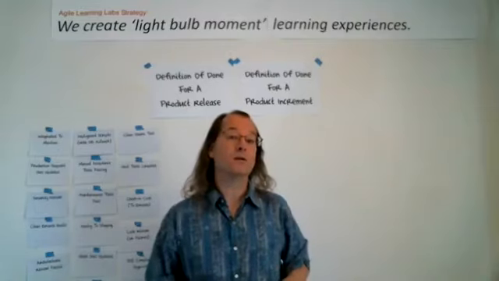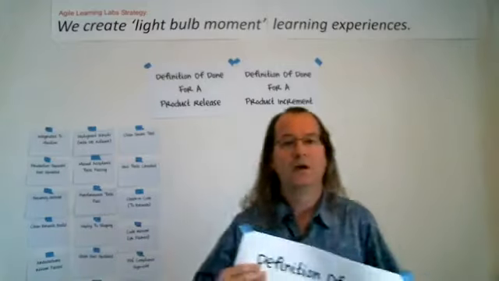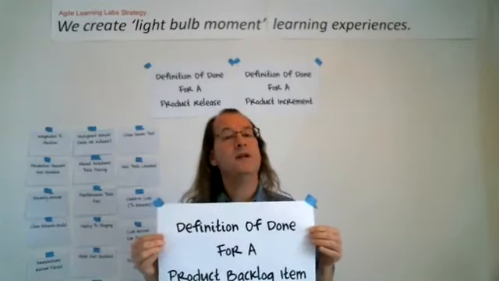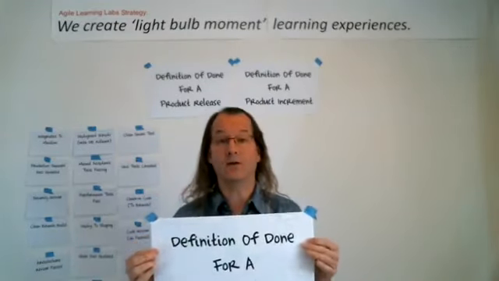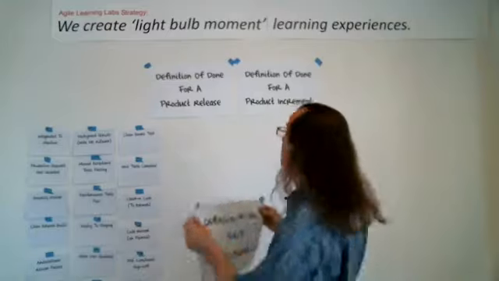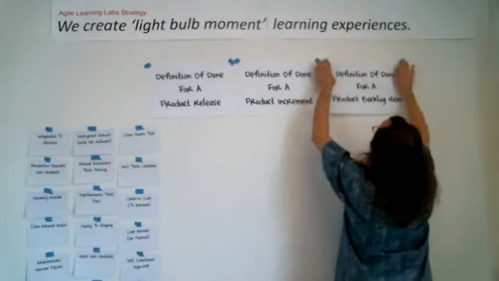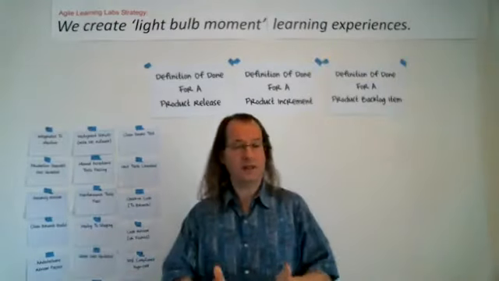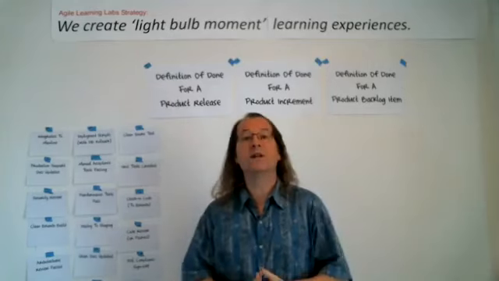Even better, what could be in our definition of done for a product backlog item? What can we say we will do for each and every product backlog item before we call that done? And so we get the team together and we say, the goal of this exercise is to be realistic.